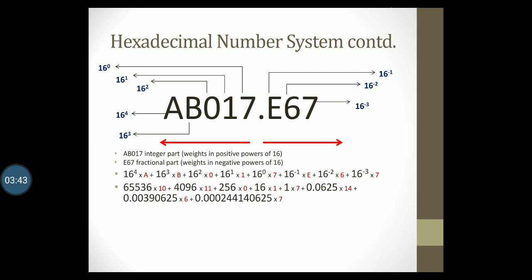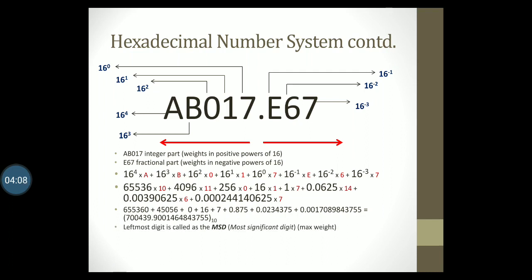Notice that A is replaced with the decimal number 10, B with 11, and E with 14. This evaluates to a very large number, 700,439.9001 corrected to 4 decimal places.